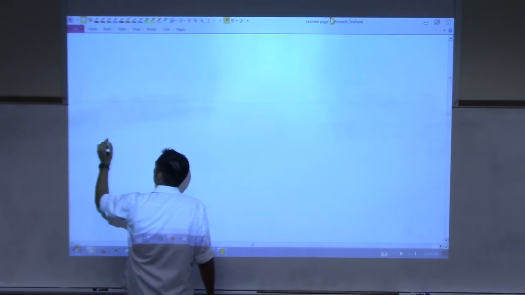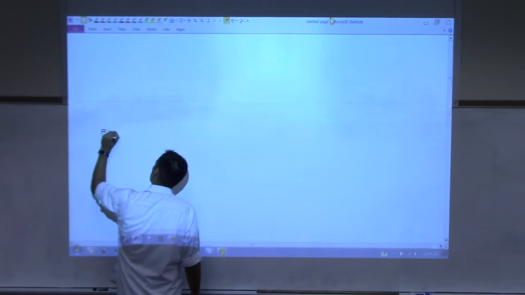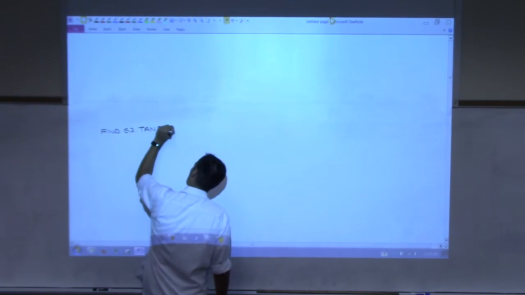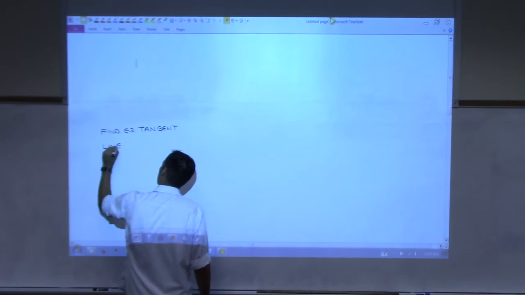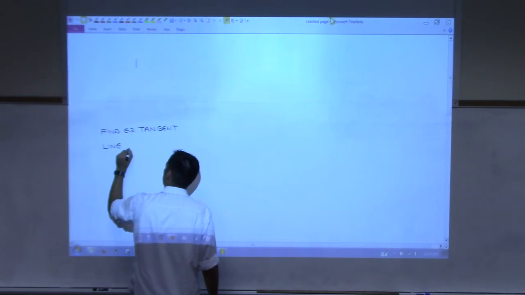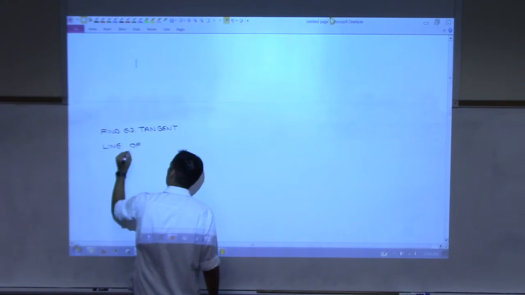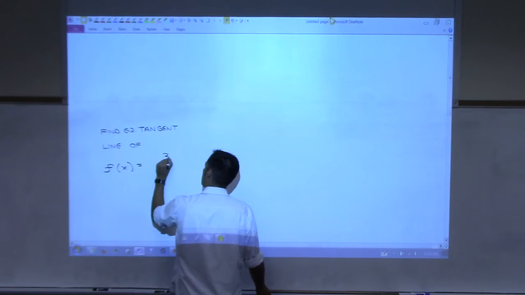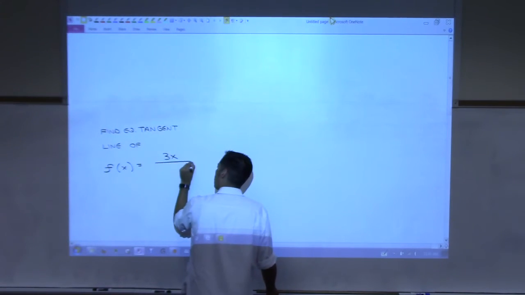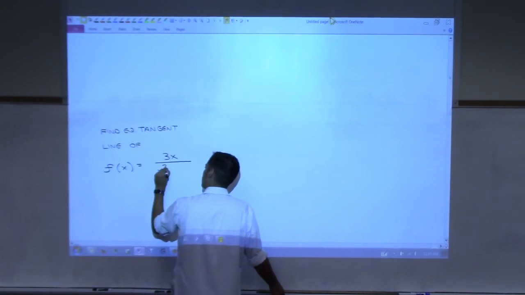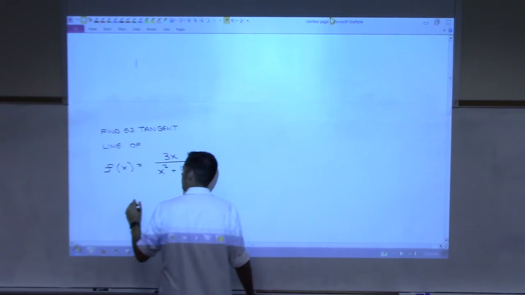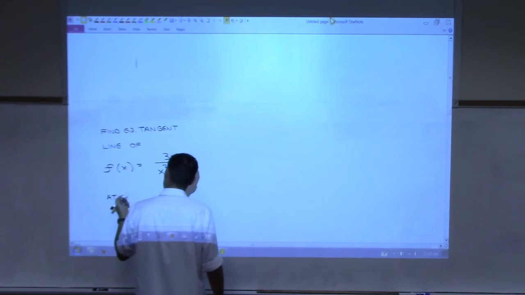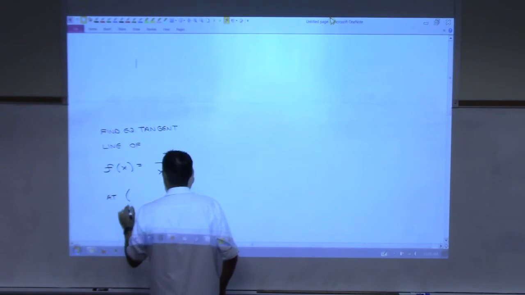All right, we need another one. Let's do: find the equation of the tangent line of the function f of x equals 3x over x squared plus 1 at the, let me see here.